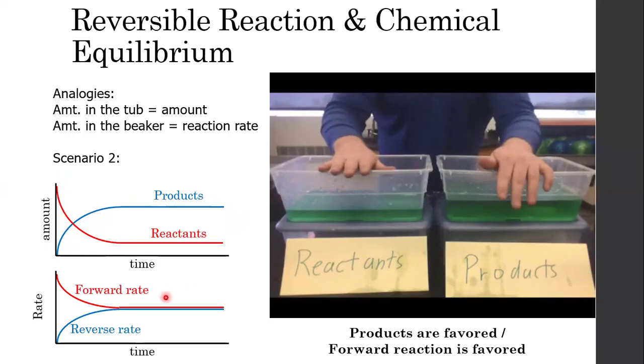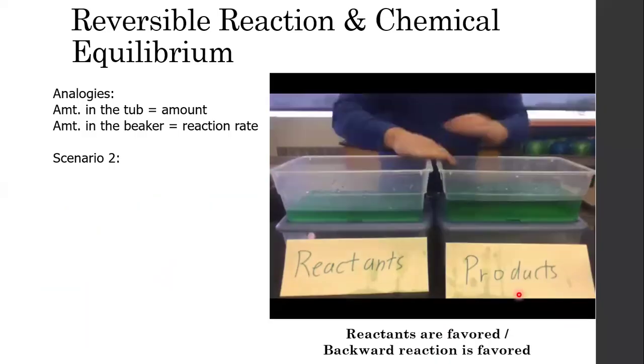After some time, even though we had a bigger beaker for the forward reaction, the forward and reverse rates became equal after some time, okay? Now, in this particular scenario, we can associate this to a reaction where the products are favored because they are in greater quantity. Or we could also say the forward reaction is favored.